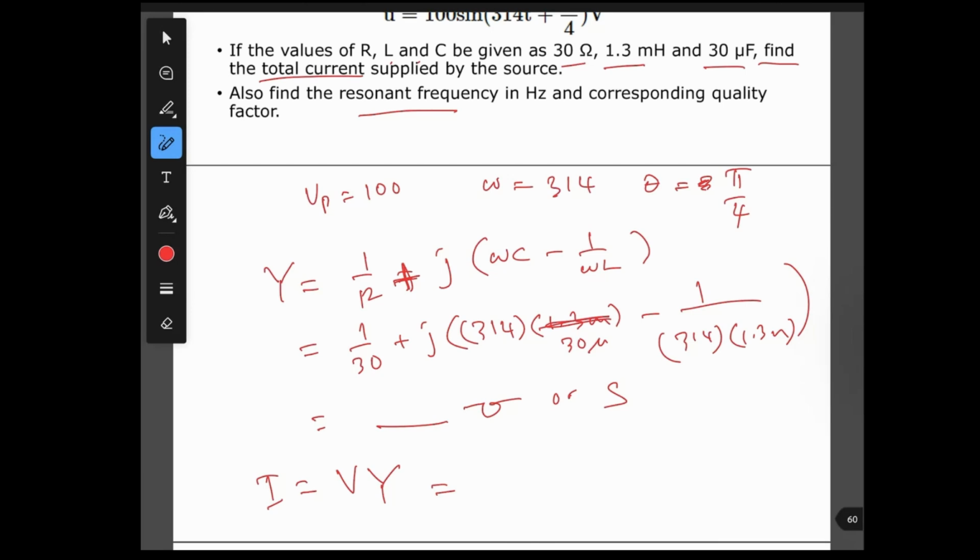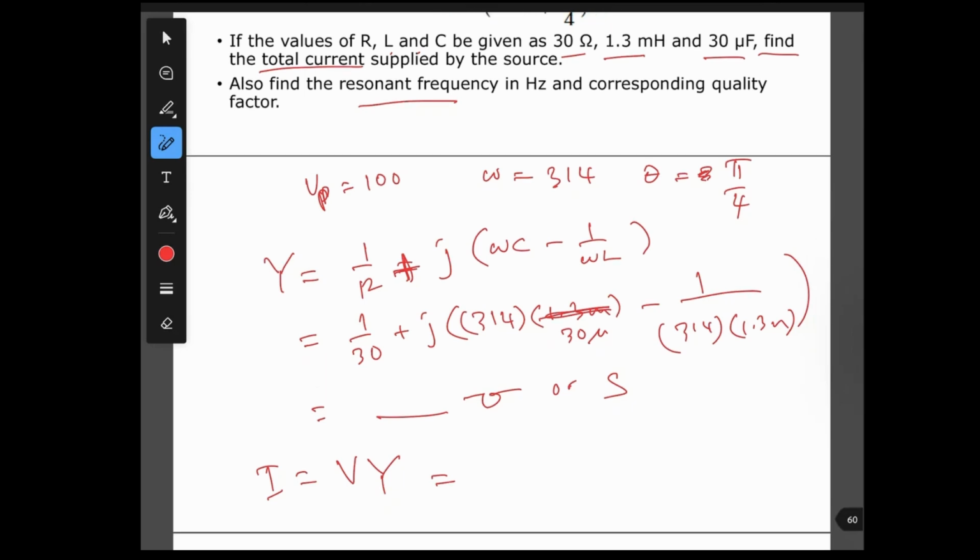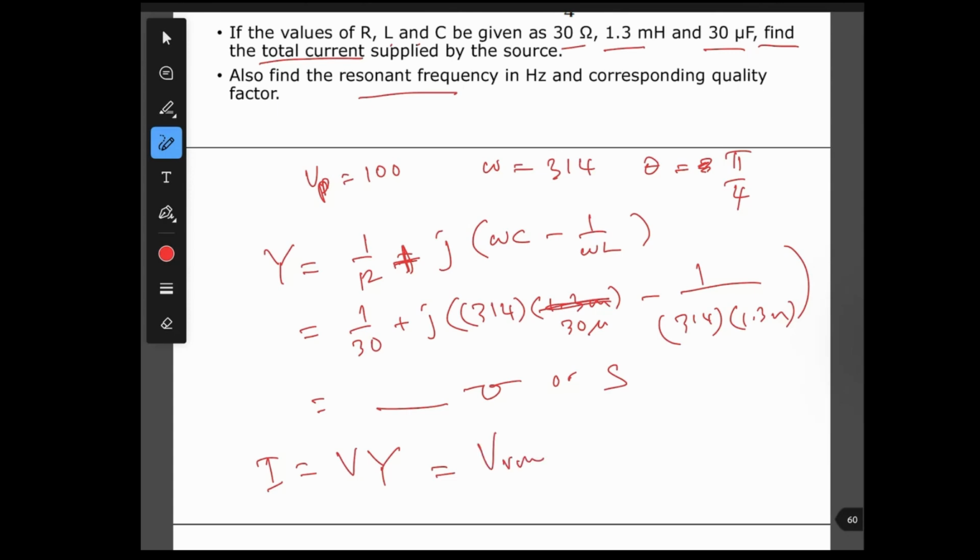This V is V peak, so we have to convert to VRMS, which is V peak divided by square root 2. So current equals 100 divided by square root 2 times Y. Put Y here, and this is the current of the circuit.